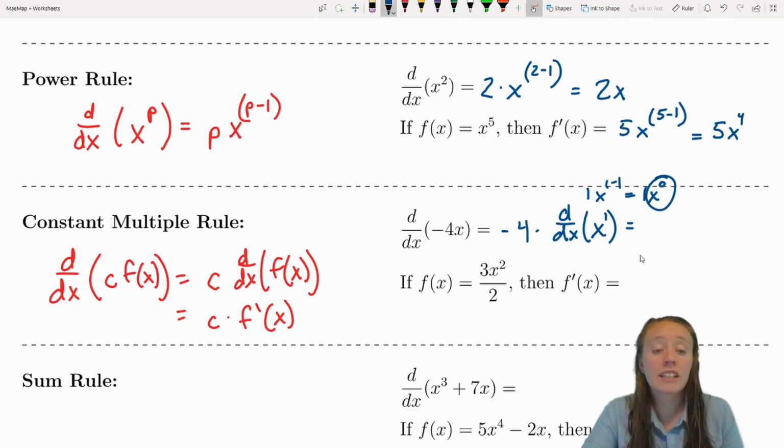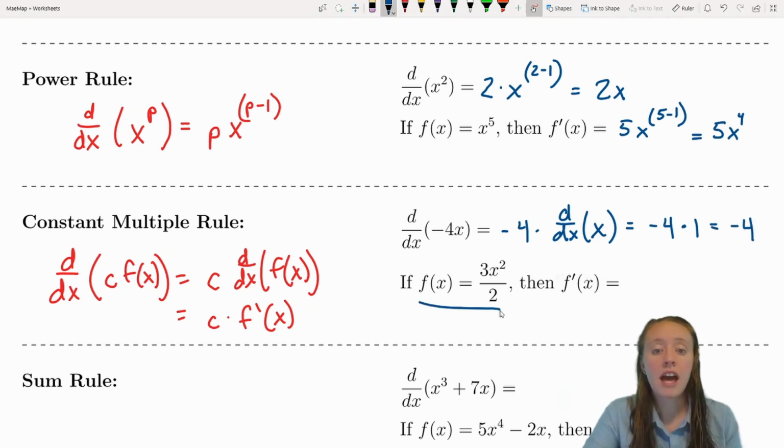And we know that x to the 0 is 1, so anytime we have the derivative of our variable raised to the first power, that's just going to be 1. So we'll have -4 times the derivative of our function, which is 1, and that's going to be -4.